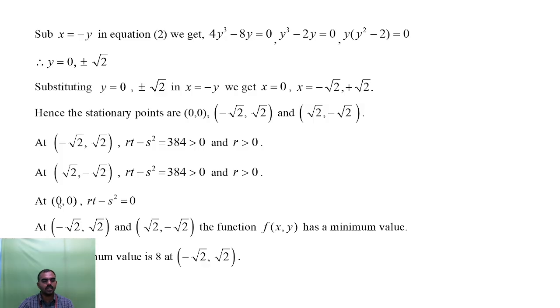Yes. So at (0, 0), rt minus s square equal to 0. So we do not see any result about this. So at (minus root 2, root 2) and (root 2, minus root 2), the function f of x, y has a minimum value. Then substitute the x value minus root of 2 and y value root of 2 in the given function.